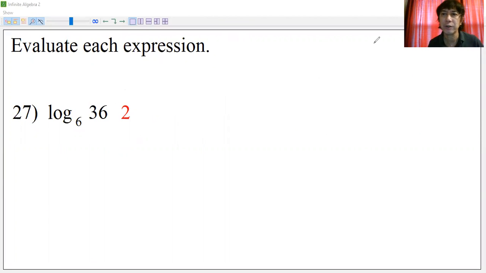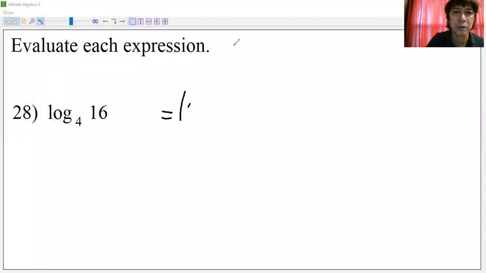Let's have number 28. Here's number 28. Logarithm of 16 base 4. This one is rather simple also. 16 is expressible in powers of 4. 4 squared. So we can continue with the solution.